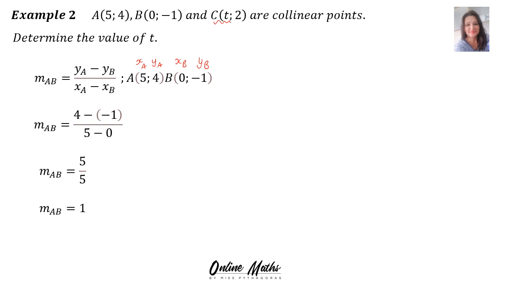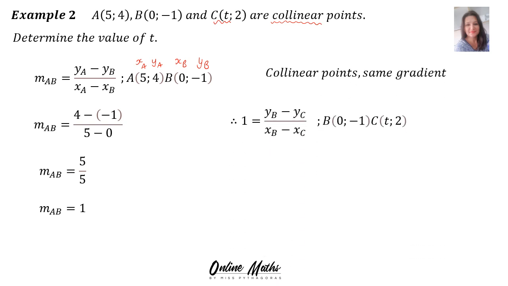Now, it was given that the points are collinear, therefore the gradients are the same. And now we can say the gradient between B and C is equal to 1, because the points are collinear, gradients are the same, and we know the gradient of AB.